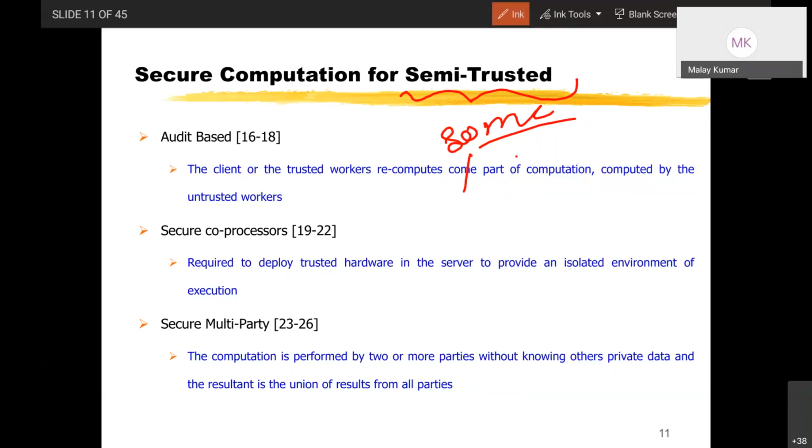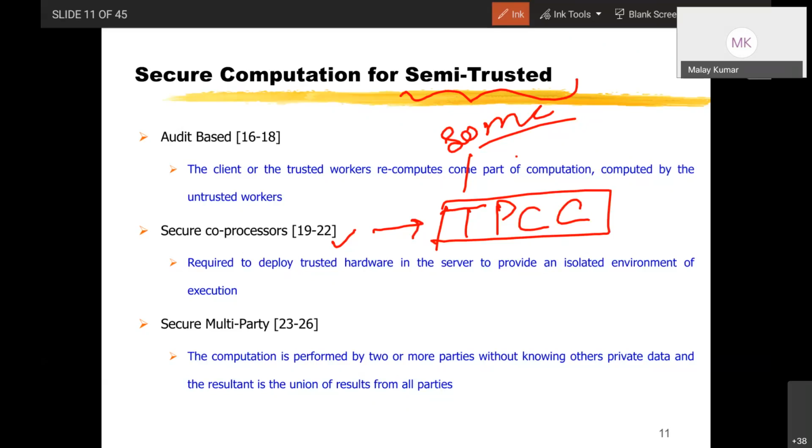The next is the secure coprocessor. The coprocessor model is very similar to the trusted platform for cloud computing, TPCC, as we discussed in the previous lectures, where I discussed a trusted platform in the cloud computing environment. That trusted platform provides an isolated environment to complete its execution.